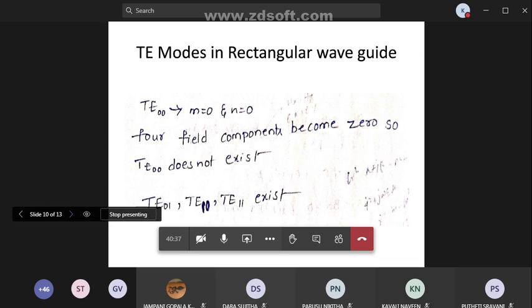So what are the different modes available in TE waves? First take TE 0,0.